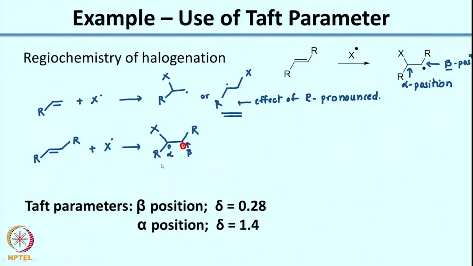So here you can use the Taft equation to actually correlate at the two positions to determine what would be the regiochemistry for the product, and this can be done both looking at sterics and electronics. In this particular example, sterics is what plays a very important role. So this is an illustration of how you can use the Taft parameter.